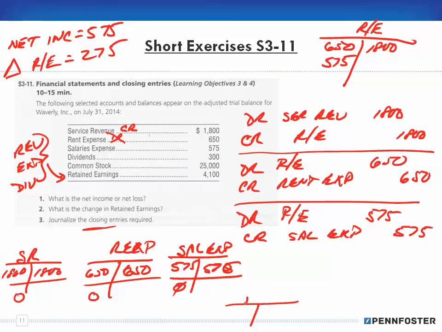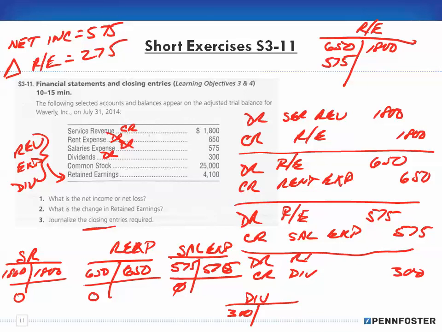Then the last one is dividends. And dividends, that's a contra account to the retained earnings account, so that's a debit. It has a debit balance of 300. So again, I'm going to credit dividends for 300, and I'm going to debit retained earnings for the 300.